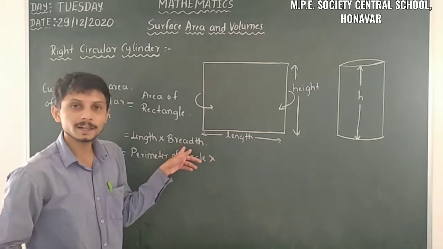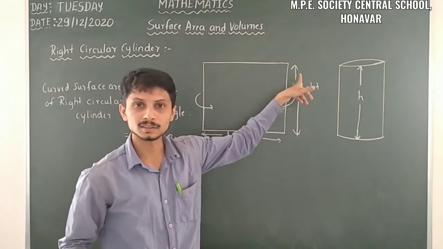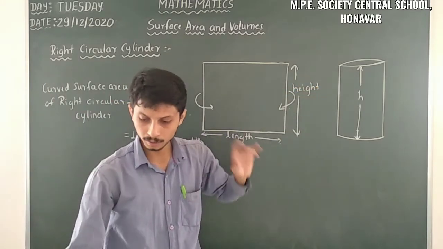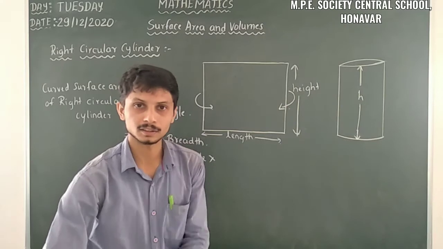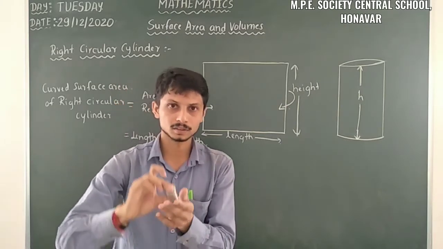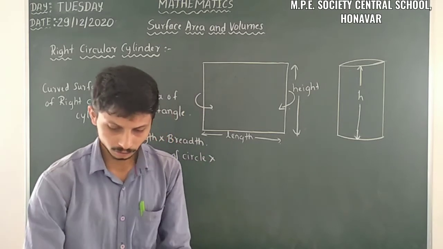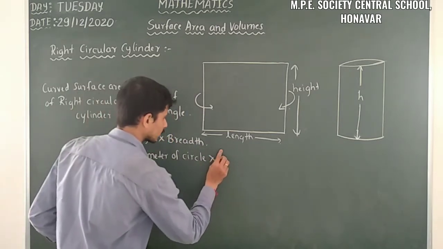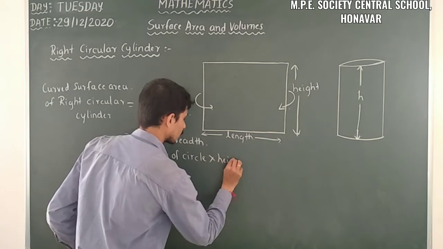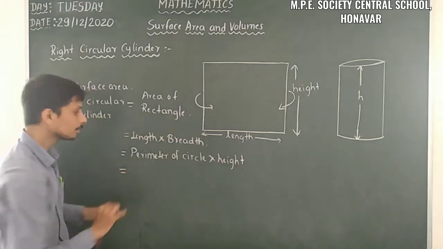And what is the value of breadth here? Breadth means it is the height. So let us take this as the height. Then, what is the perimeter of the circle?